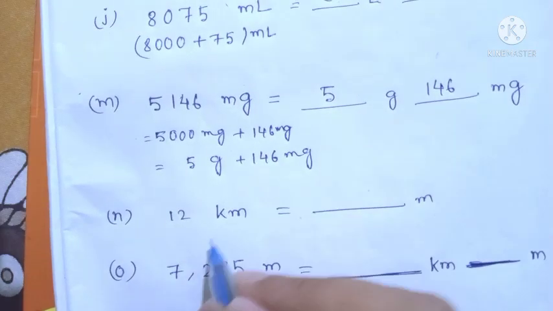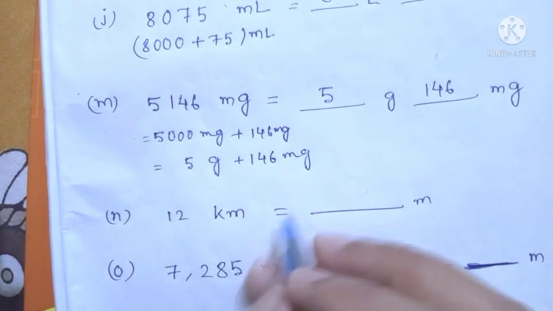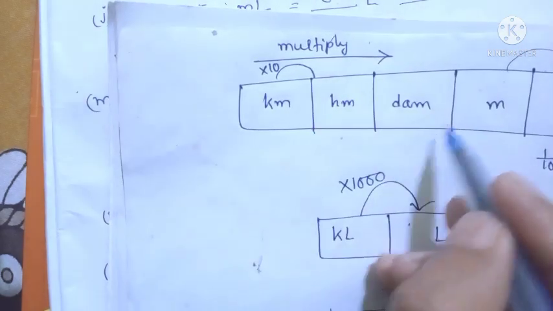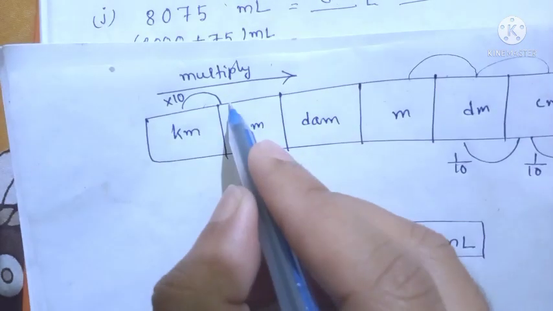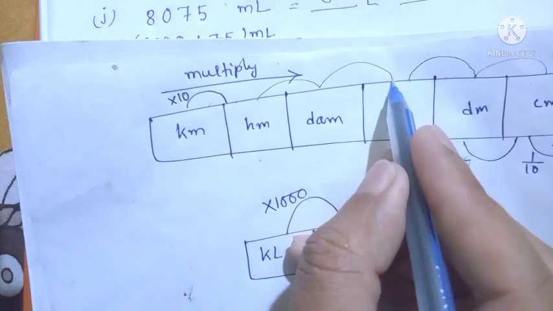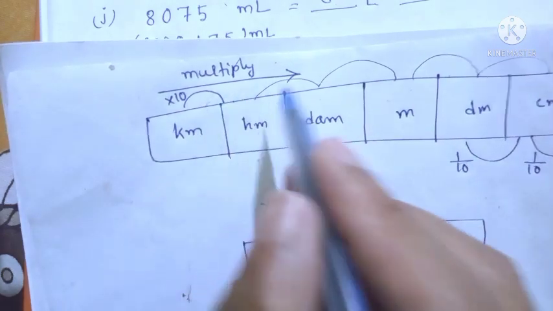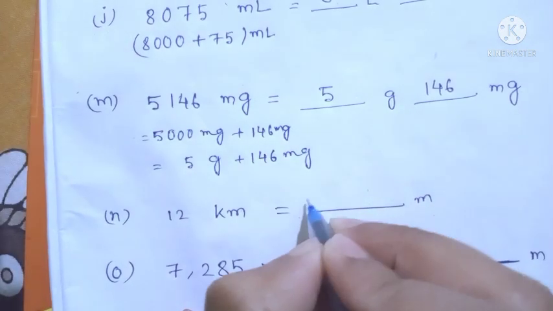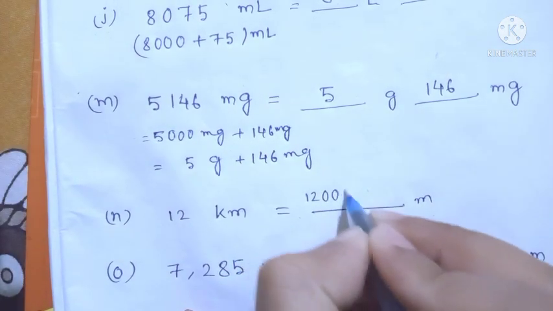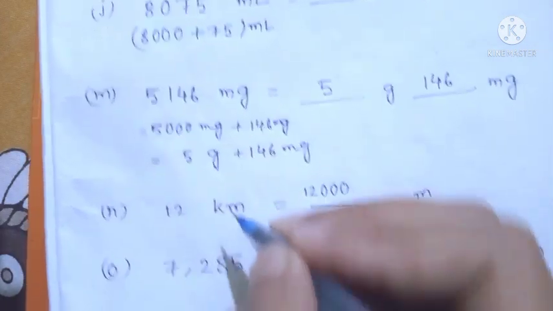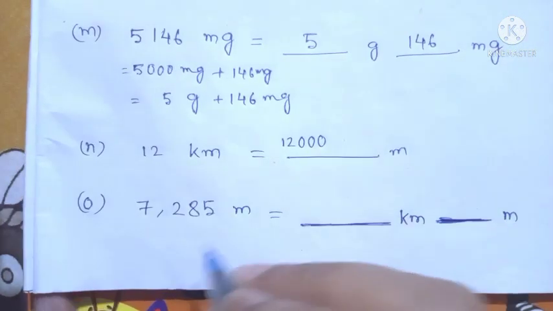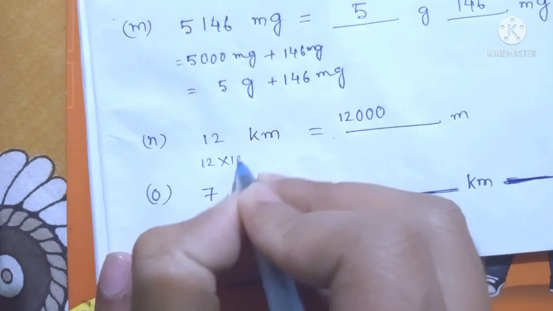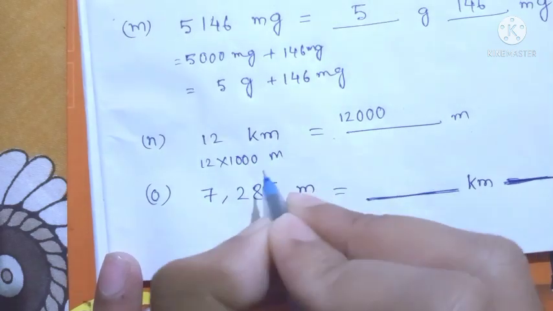Now 12 kilometer means kilometer to meter: one step, two step, three steps, that means we have to multiply 10 three times, that means 1000. 1 kilometer means 1000 meter, so 12 kilometer means 12 into 1000 meter, that means 12,000 meter.